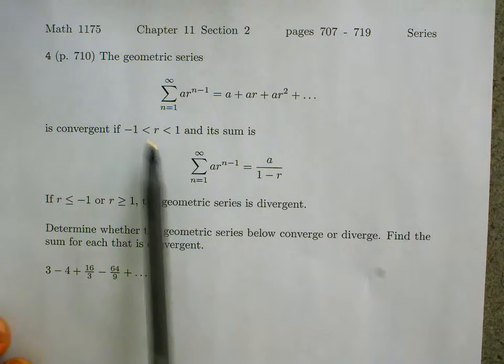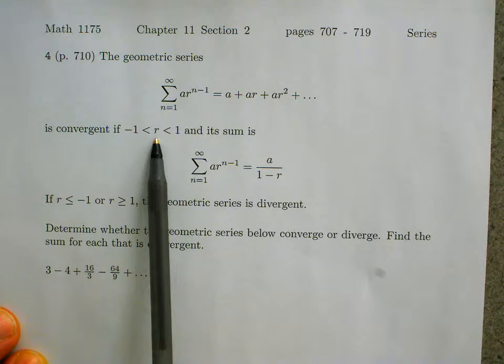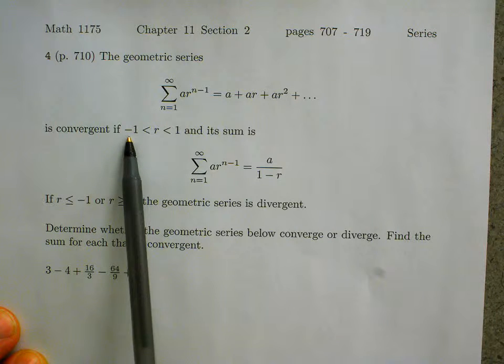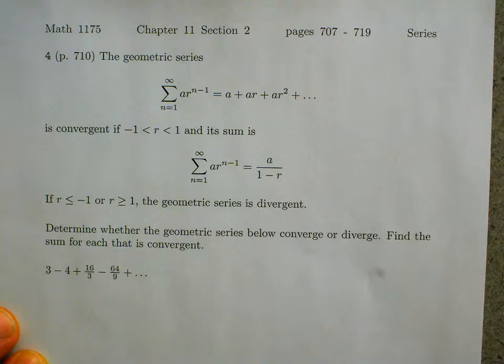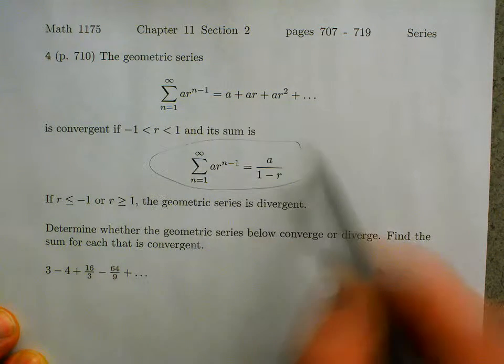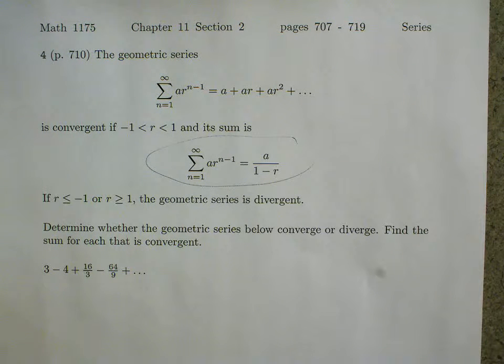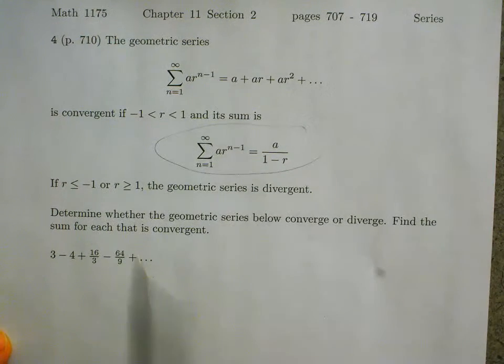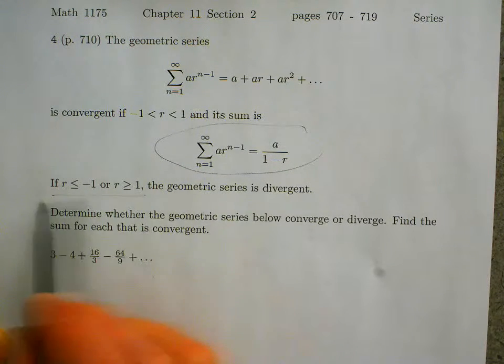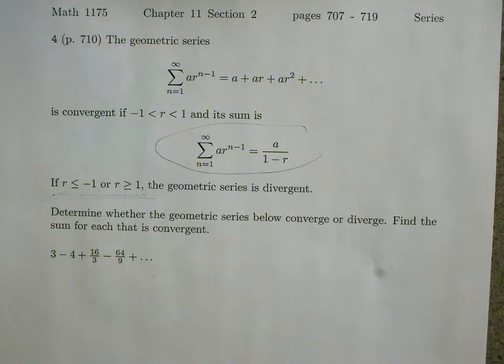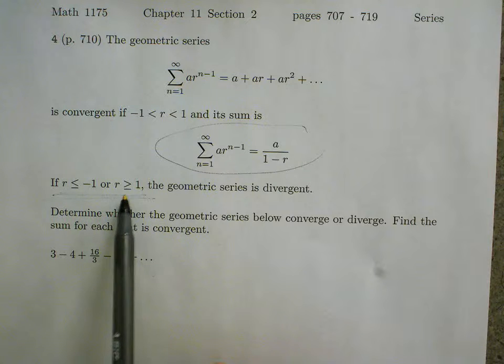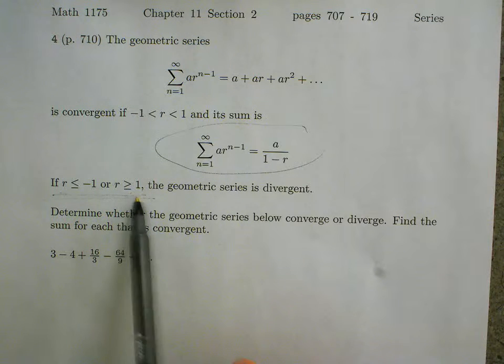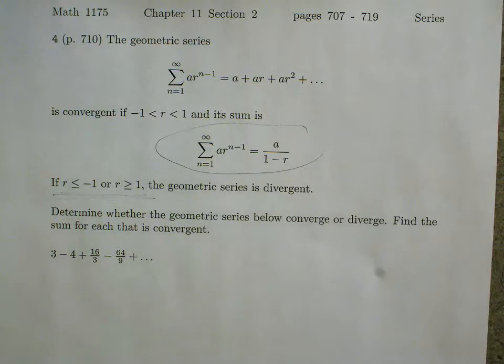It's convergent when the common ratio r is strictly between negative 1 and 1, and its sum is a divided by 1 minus r. And as we already stated, if r is less than or equal to negative 1, or if r is greater than or equal to 1, the geometric series is divergent.